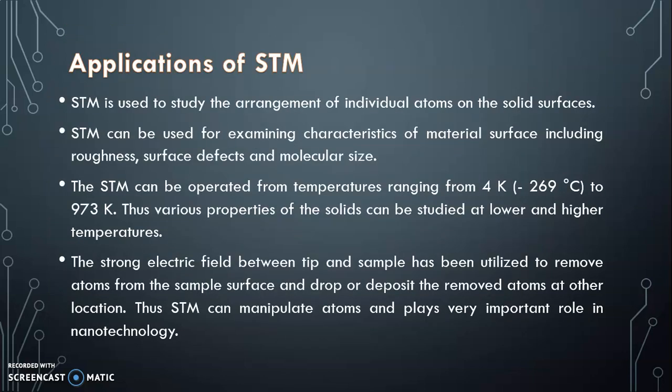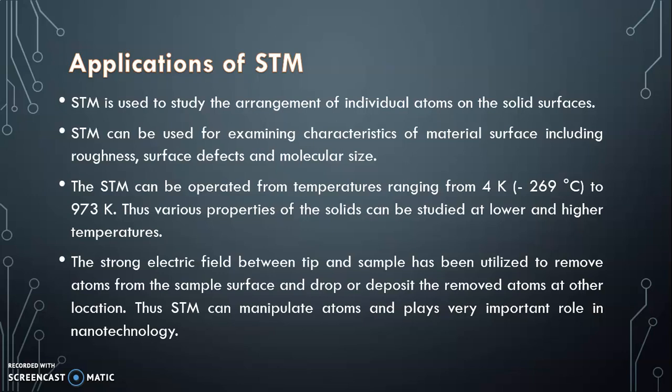Finally, we'll see the applications of the STM. The STM is used to study the arrangement of individual atoms on a solid surface. In short, to study the structure of a solid. The STM can be used to examine characteristics of a material surface, including roughness, surface defects, and molecular size.